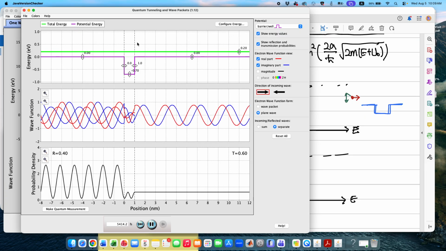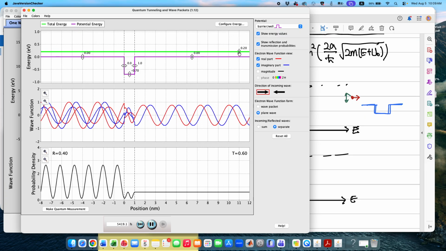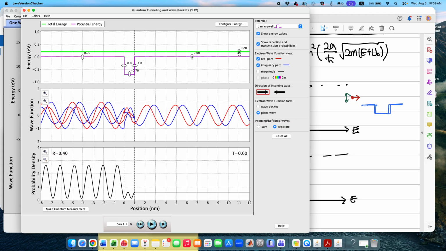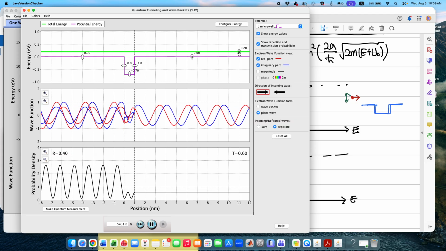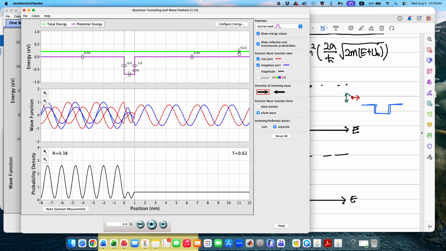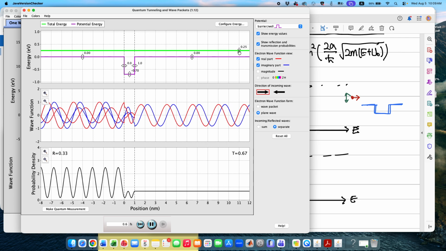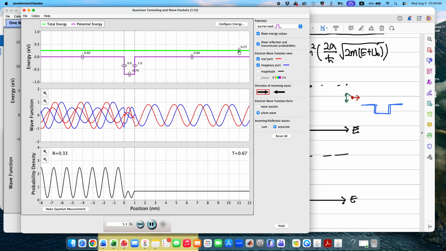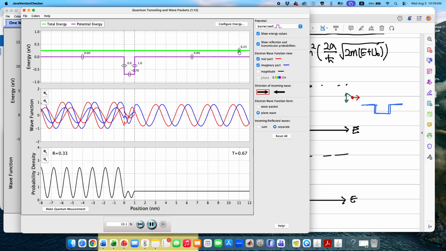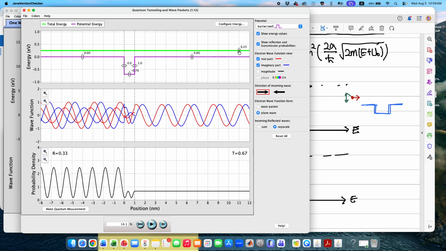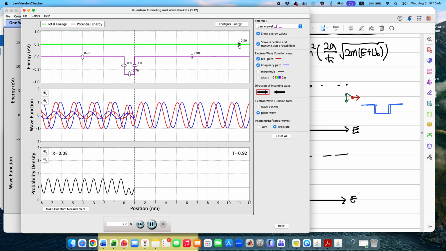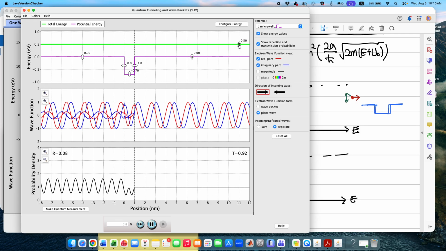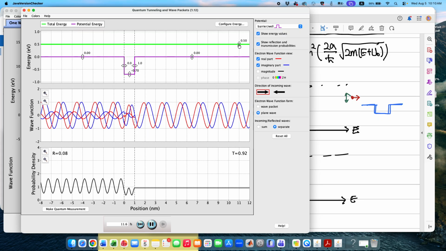Look at this one, now 0.2, and if I increase it, see what happens to transmission. Now the energy of the particle is 0.2, and if I increase to 0.25, the transmission is 67%. This is increasing here. And if I increase further, now 0.5 electron volt, transmission becomes 92%. Okay, this is something we can expect.